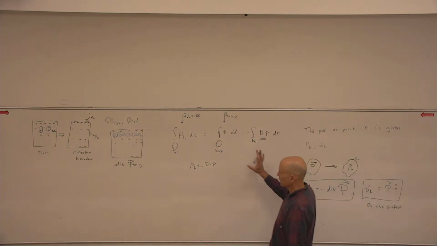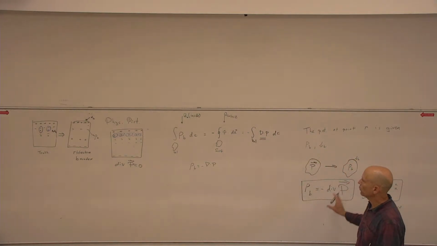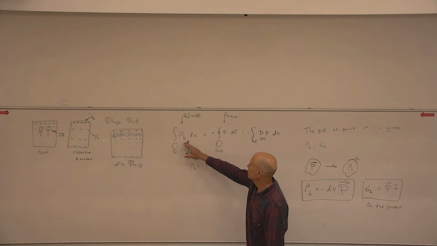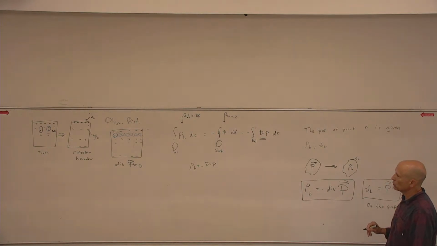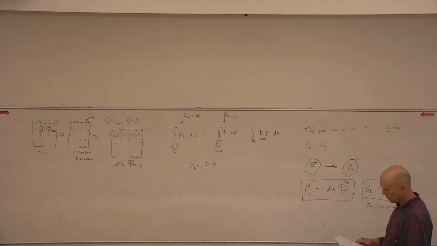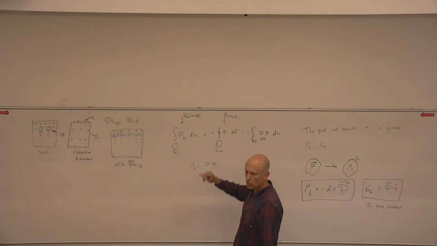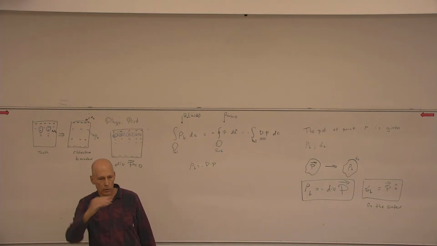So again, this is not a proof. Now we're going to prove that these two things are correct, but this just says that the charge inside and the charge outside, if I put in these definitions, will give you the same answers. There is a different sign because one of them is minus the other, right?